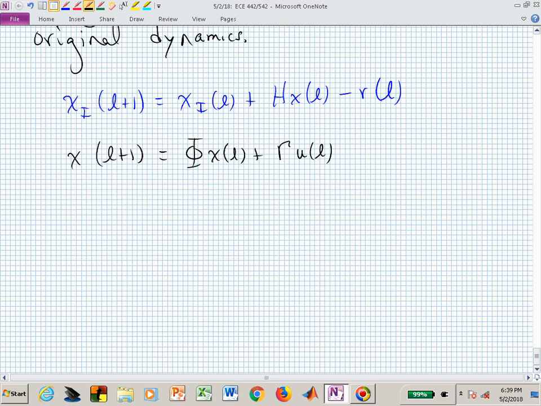This is a bunch of dynamics. It's our n-dimensional dynamics with one more dimension added onto it.